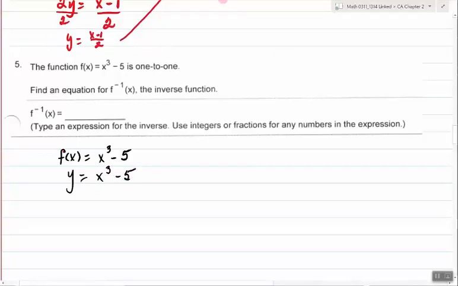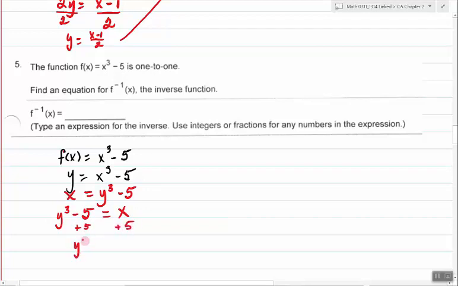The inverse is when I swap the x and the y. Now solve for the new y. I like to just change the sides so that my y is on the left. It's no big deal. Add 5.